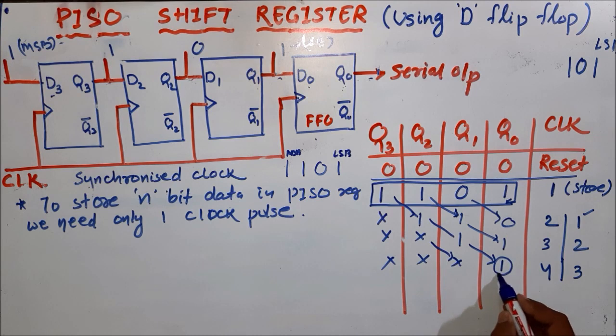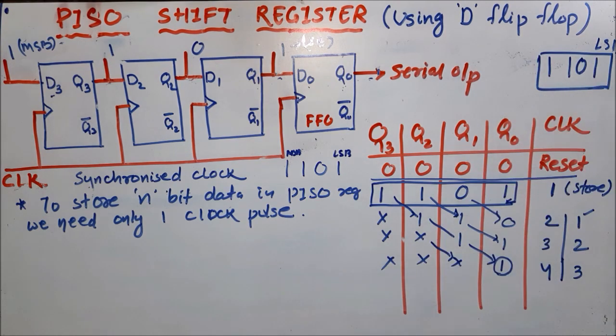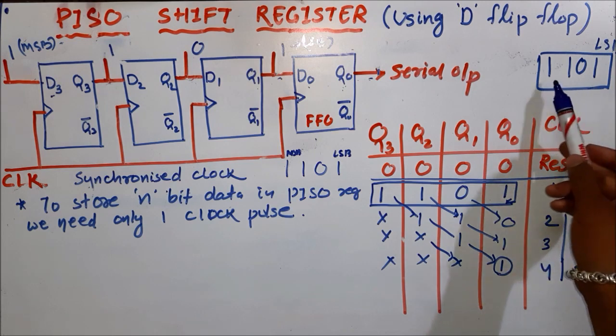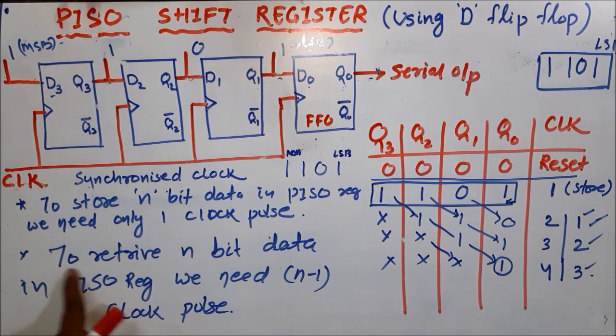So I can retrieve all the data. So we can see, to retrieve all the 4 bits in a PISO register, we need 1, 2, 3 clock pulses. So I can write, to retrieve n-bit data in a PISO register, we need n-1 clock pulses.